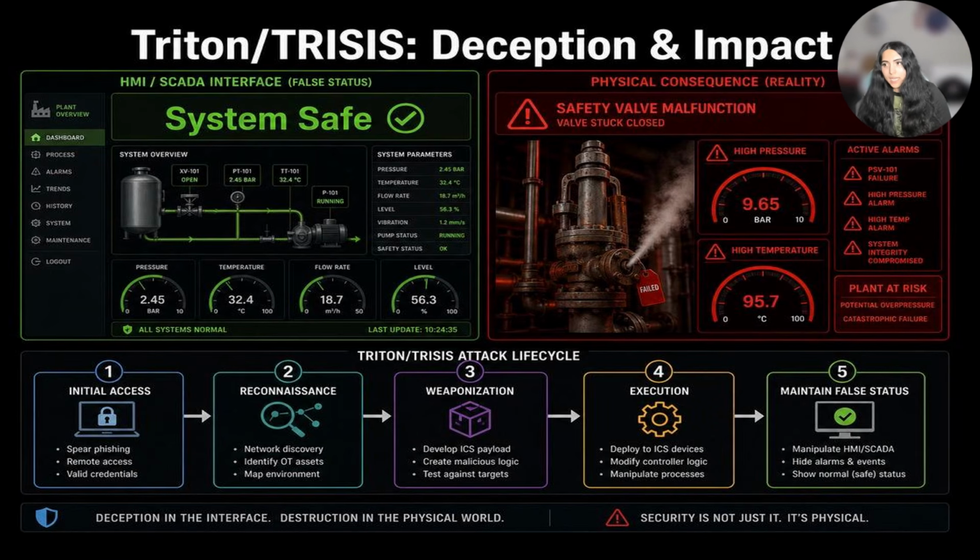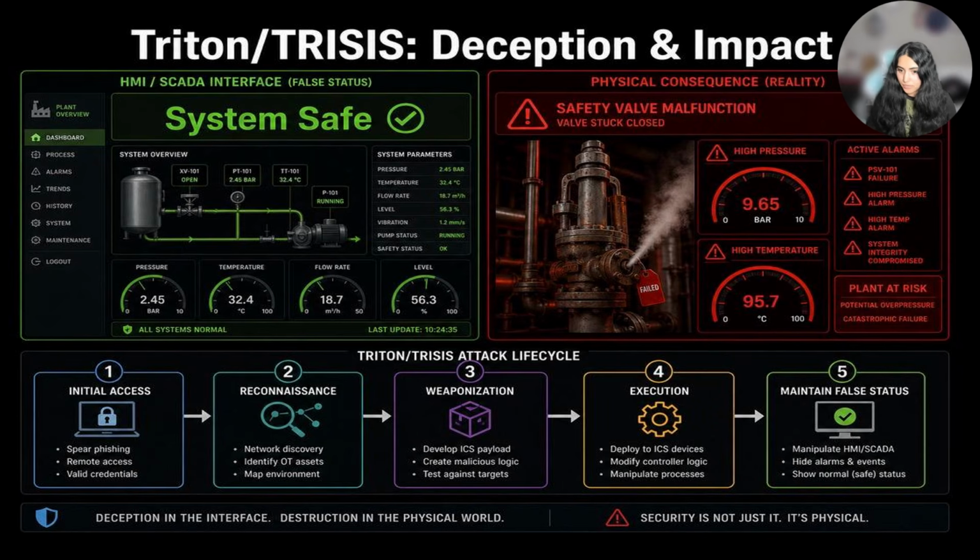It was attacked in 2017, and they targeted Schneider Electric Triconex safety instrumented systems at a Saudi Arabian petrochemical plant. The attackers compromised the corporate IT network first and then went to the OT side.